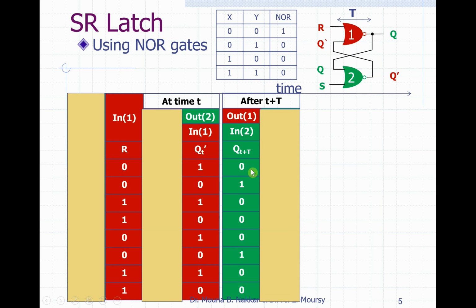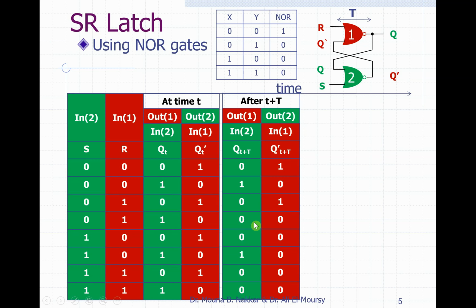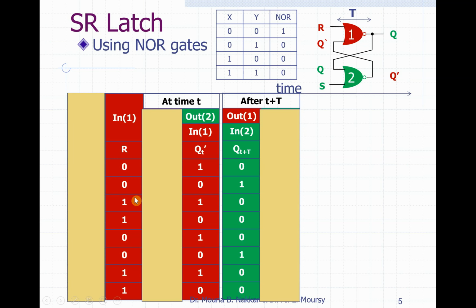We can simply derive the column for Q at t plus tau. 0 NOR 1 is 0. 0 NOR 0 is 1. 1 NOR 1 is 0. 1 NOR 0 is 0, and so on. 0 NOR 1 is 0. 0 NOR 0 is 1, and so on.